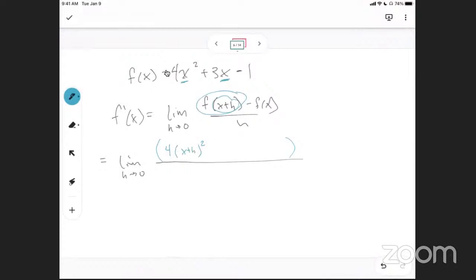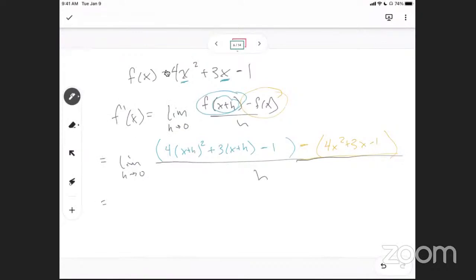Plus 3 times x plus h, and then minus 1. Perfect. And then this one is just minus the whole thing, so 4x squared plus 3x minus 1. That's exactly right. All over h. Good.